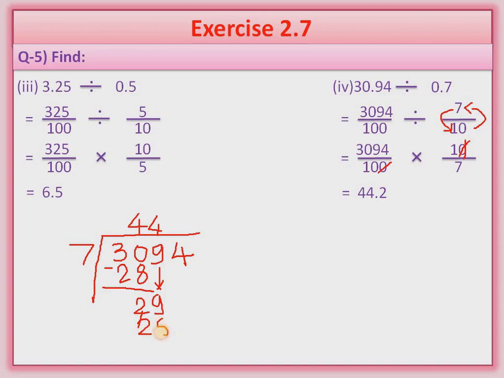Understood? 29 minus 28, 1. Okay. 7 2s are 14. Clear? Understood?